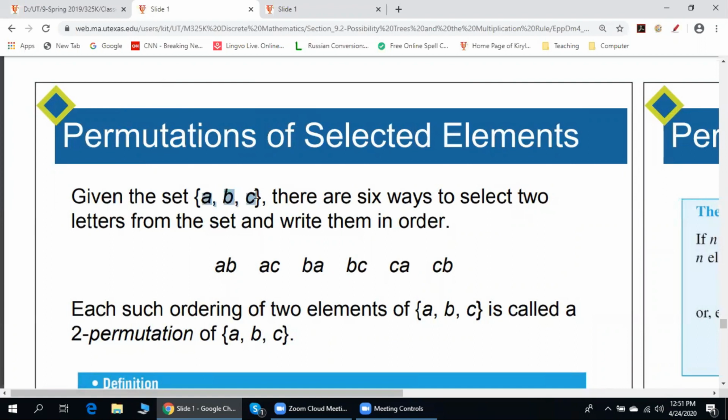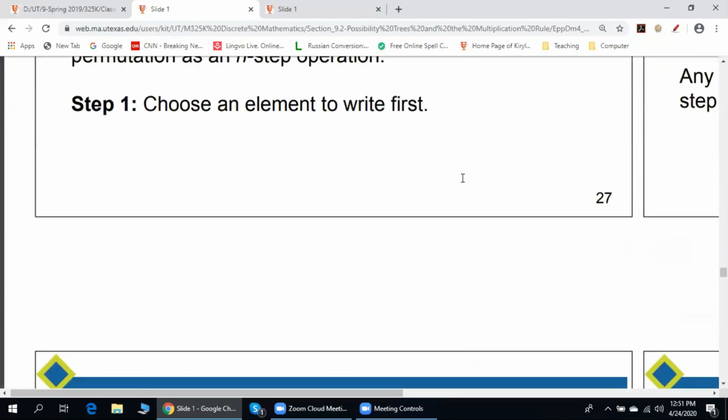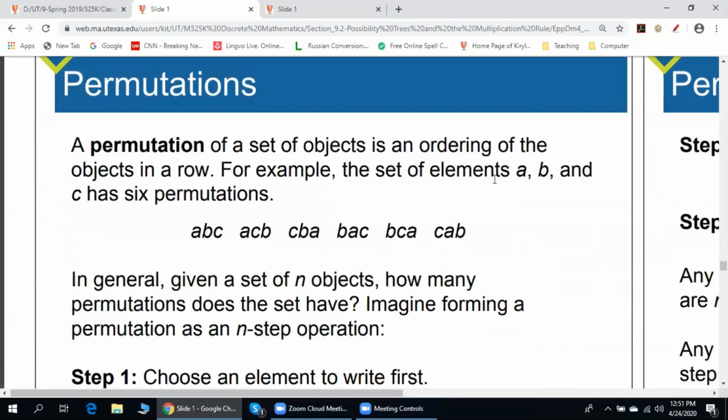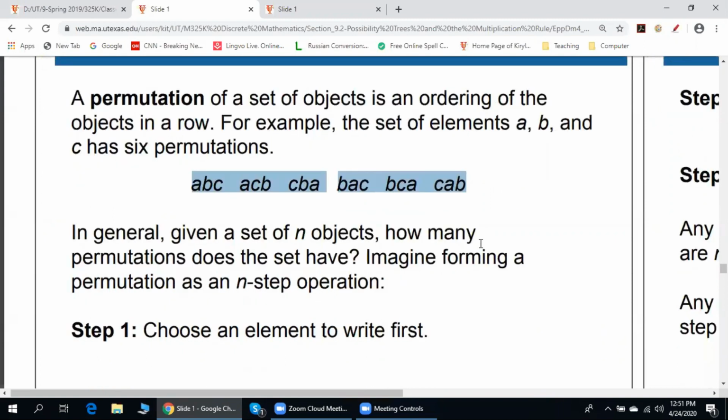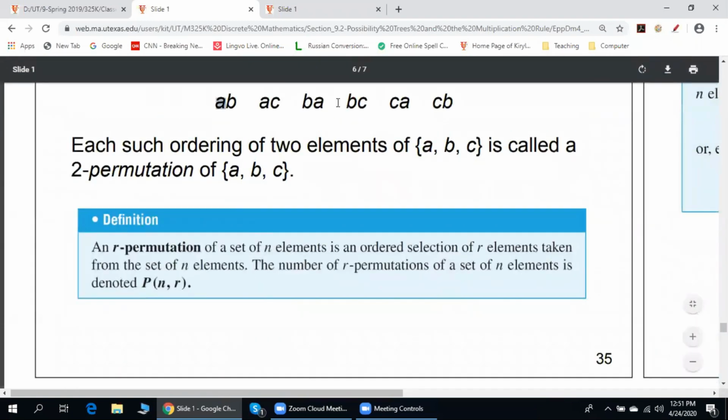Take a look at this, A, B, C. Compare this example and this example. In both examples, we start with 3 objects, A, B, and C. But these are 3 permutations that we call permutations. These are 2 permutations.